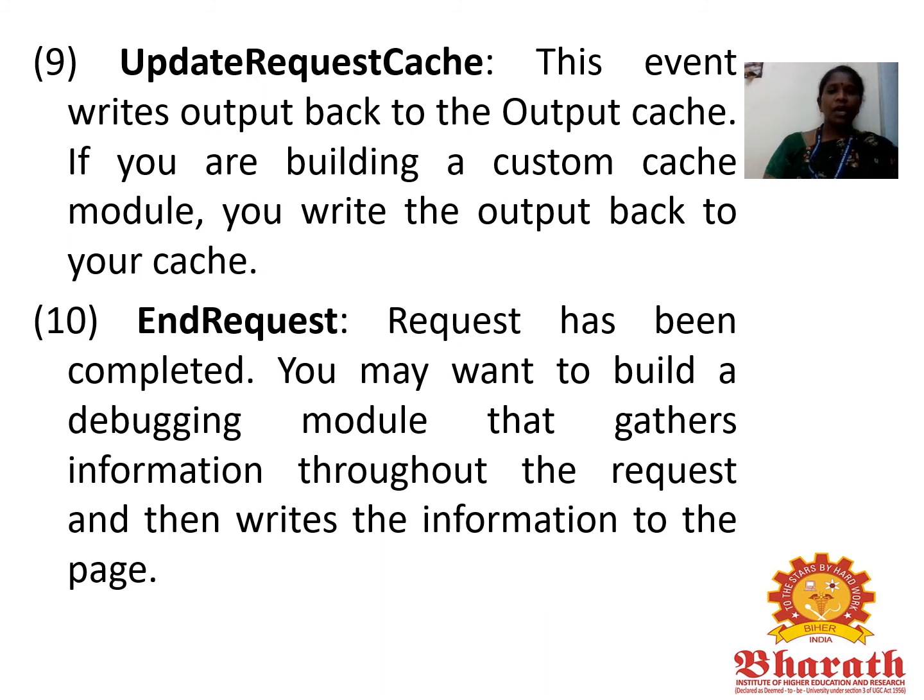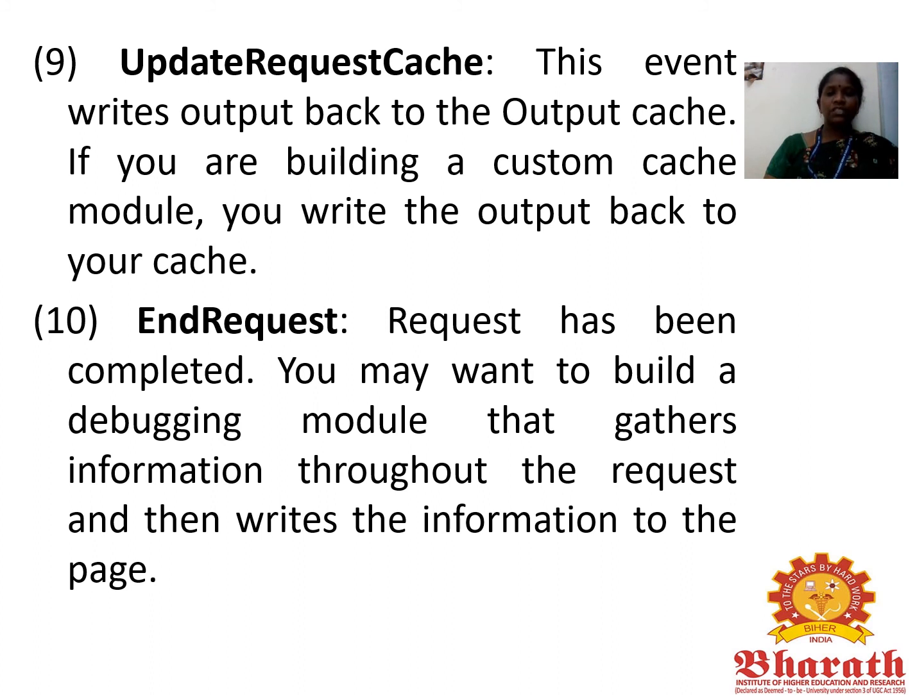Next, update request cache. This event writes the output back to the output cache. If you are building a custom cache module, you write the output back to your cache. Finally, end request.